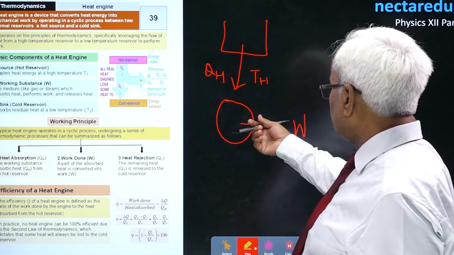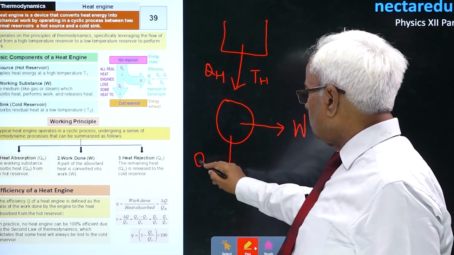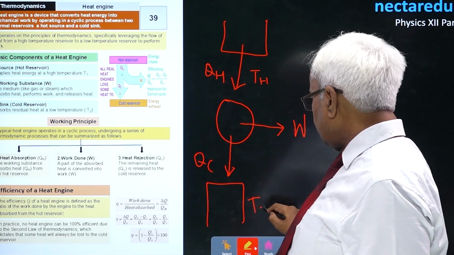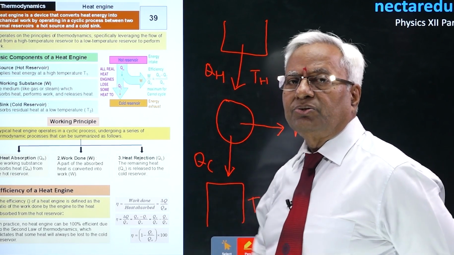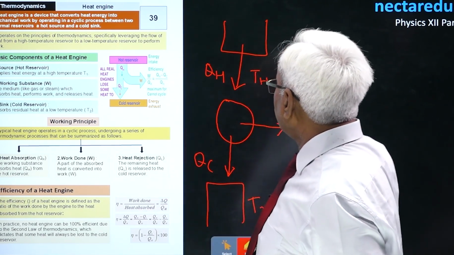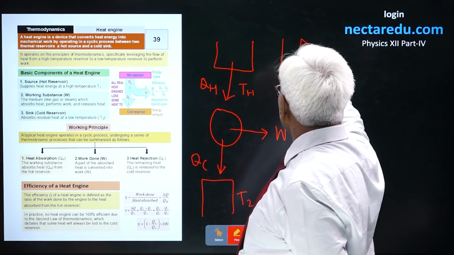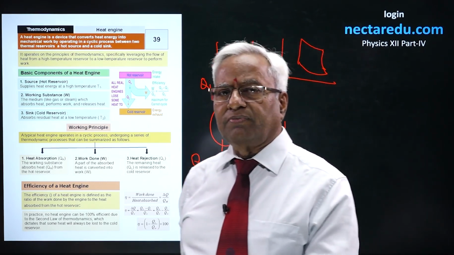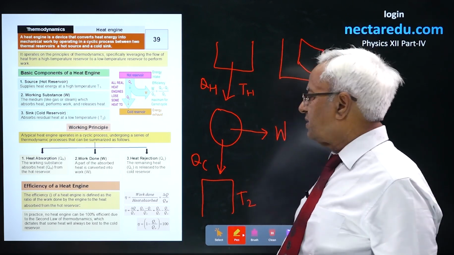Some energy is utilized in doing work, and what remains goes to the cold reservoir, or sink, that is at lower temperature. You could say the whole process has taken place in steps of a cyclic process involving two isothermal and two adiabatic processes.